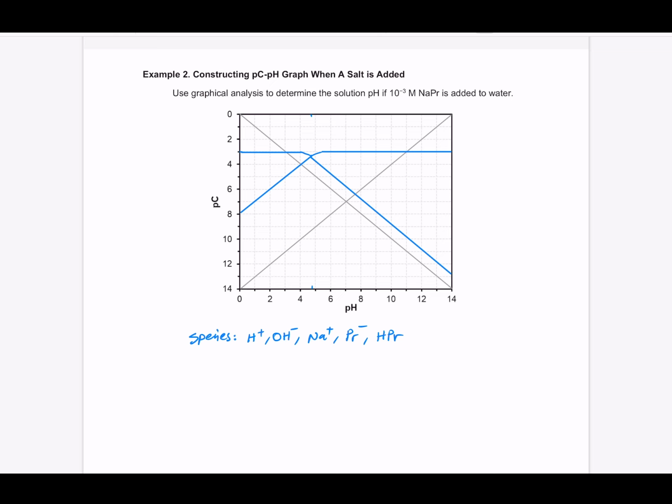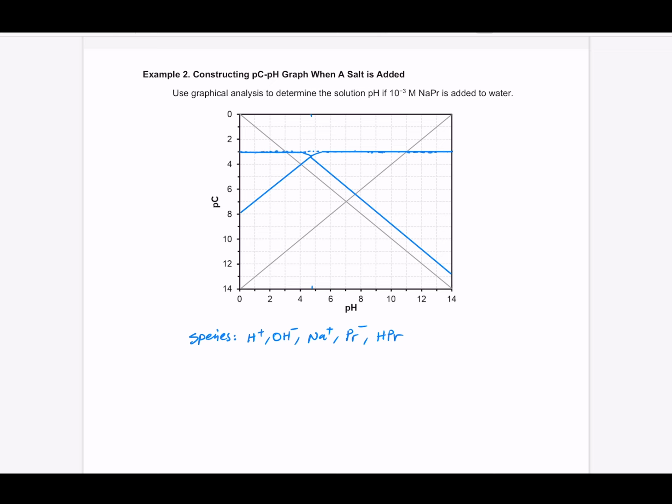Okay, now we also have sodium, which shouldn't be that difficult. Sodium is not involved, so the concentration of sodium based on the speciation is always equal to the concentration of total sodium, which in this case is also 10 to the minus 3. So the sodium line would always be this dashed line that I'm constructing, which I think you don't see. Yeah, it's a dashed line.